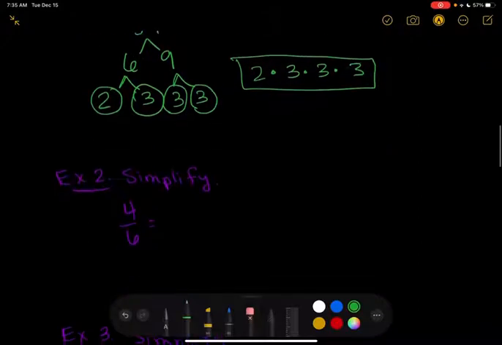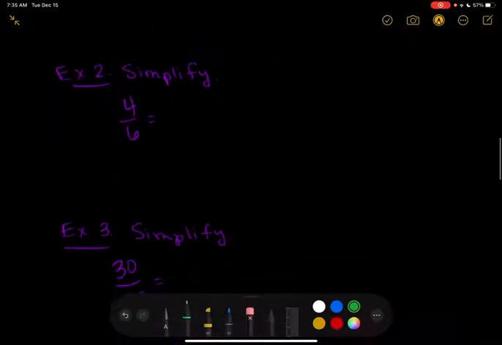All right, next, simplify 4 over 6. I'm pretty sure almost all of you, probably actually all of you, can just see that and say, oh, it's just 2/3, because you're just dividing the top and the bottom by 2. It's going to look weird, it's going to look strange, but if you can understand it in this class, it's going to make factoring way easier in Math 90.